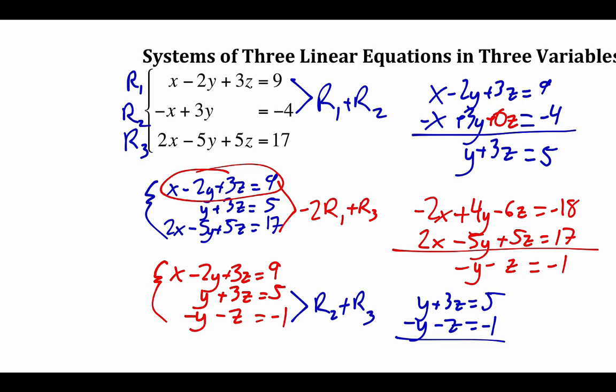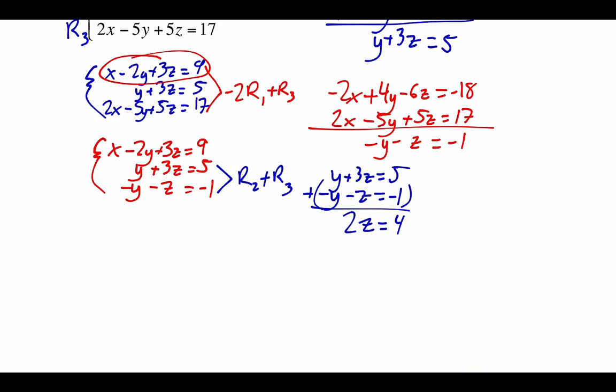When we add those together, the y's cancel out. The 3z plus negative z is 2z. And then 5 plus negative 1 gives us 4. So again, we added those two rows together. Now, we got 2z equals 4, but if we wanted to make it 1z, we would just get z equals 2.